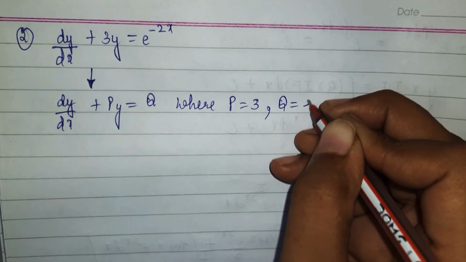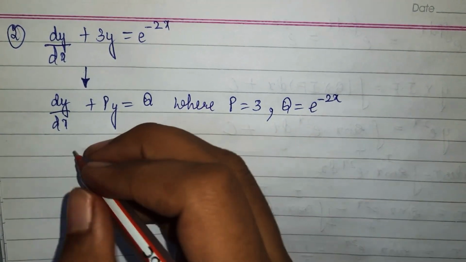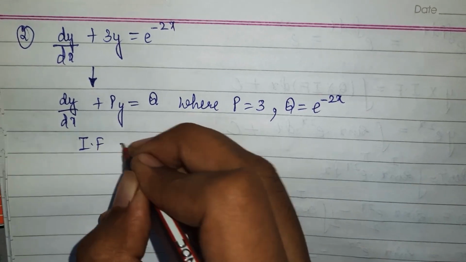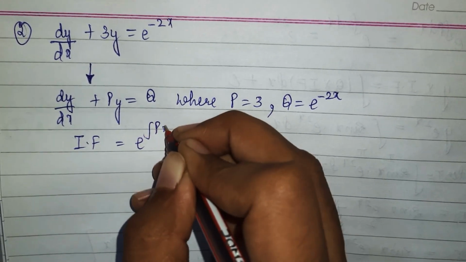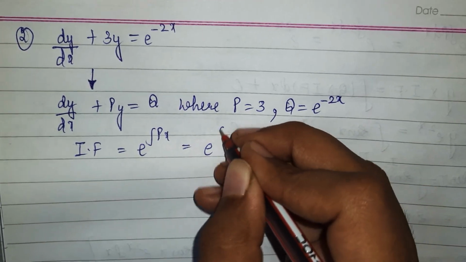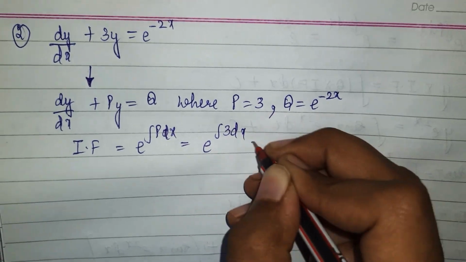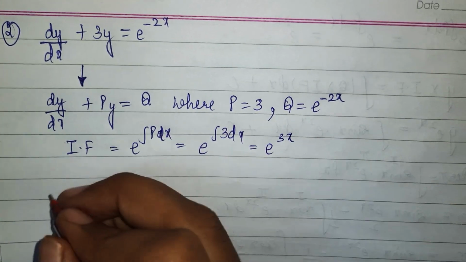A constant or function of x is applicable, so this is also valid. So the integrating factor is e raised to the power integral of p dx, which is e raised to the power integral of 3 dx. So I am getting e raised to the power 3x.